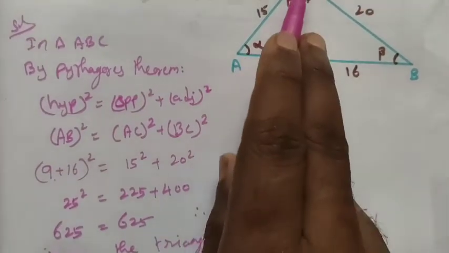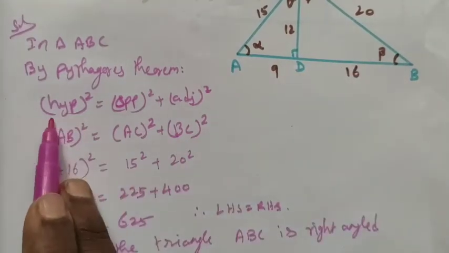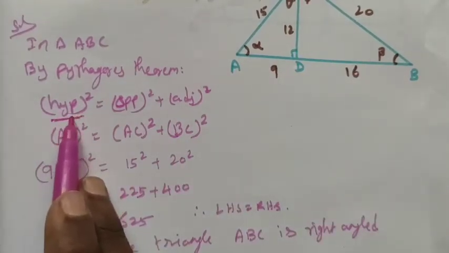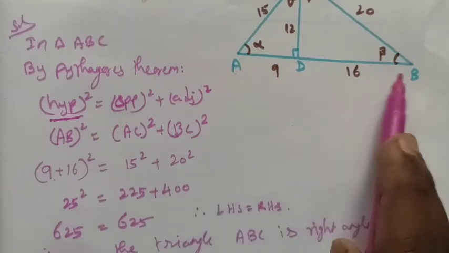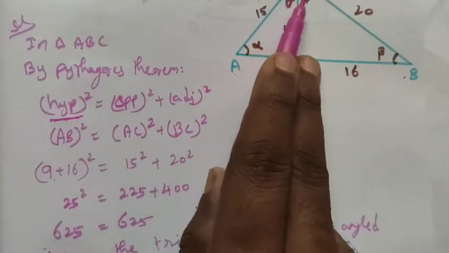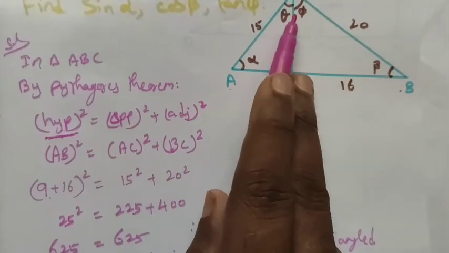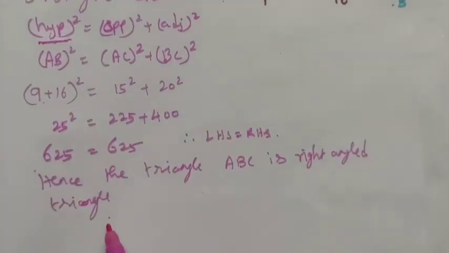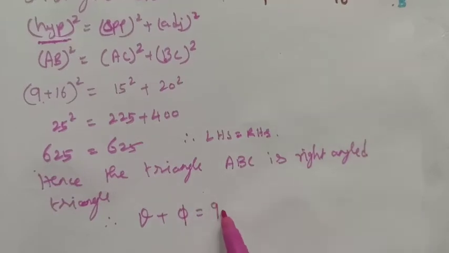We take the hypotenuse side as AB. Then this term theta plus pi is equal to 90 degrees. Therefore, theta plus pi is equal to 90 degrees. Hence proved.